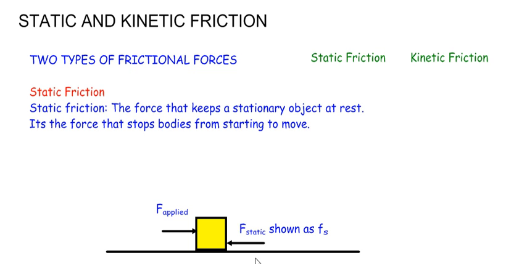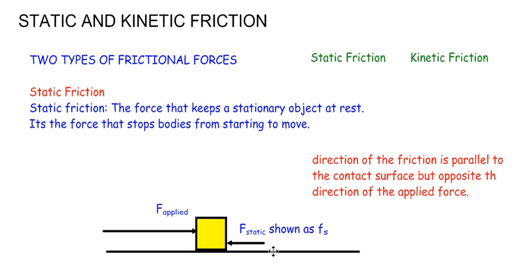However, the static friction force has a maximum component, and that depends upon things that we will see in a while. As soon as the applied force becomes larger than the static force component, then the body will start moving towards the right. The direction of the friction force is parallel to the contact surface, but it's in the opposite direction to the applied force.